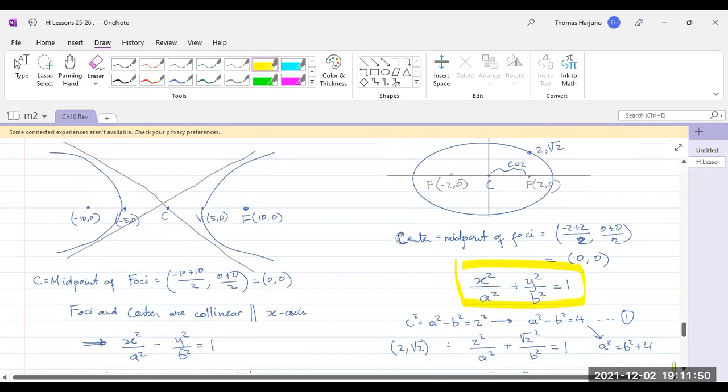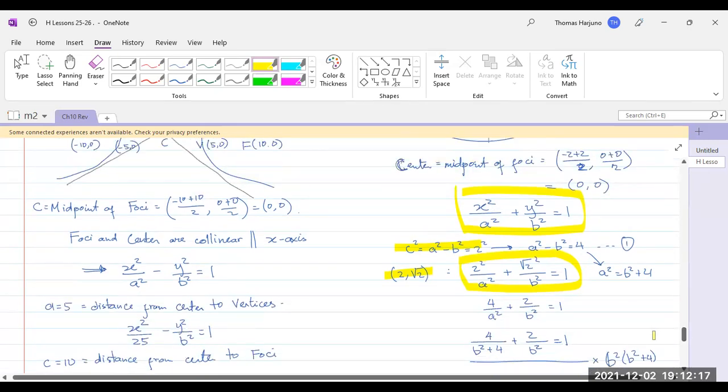Does it make sense? Now then, knowing that the foci are 2 units from the center, you have this equation. On the other hand, because you know that this ellipse goes through this point, you have this equation, right? Now put these things together with this, and then you solve it.